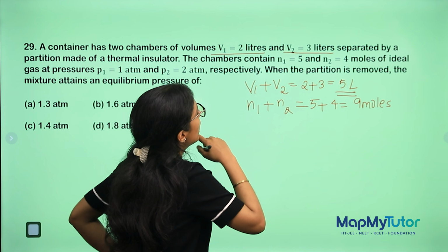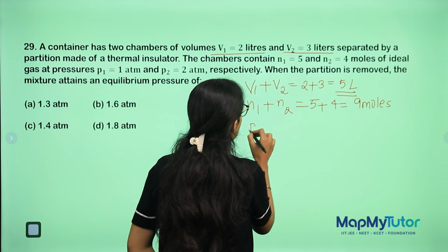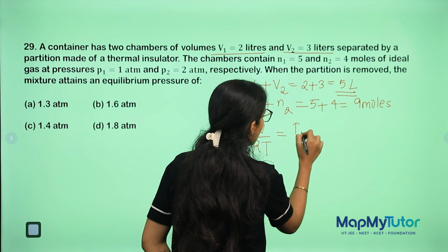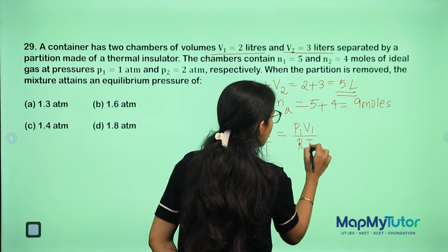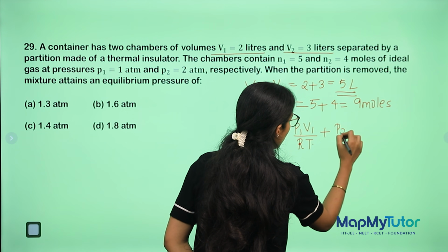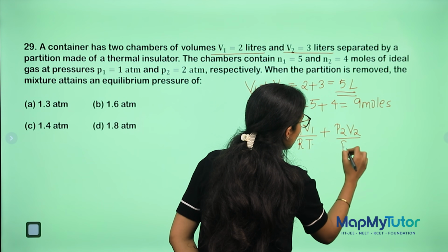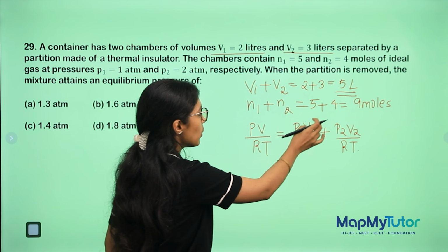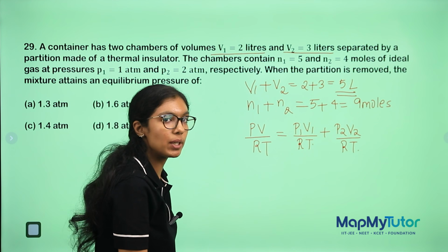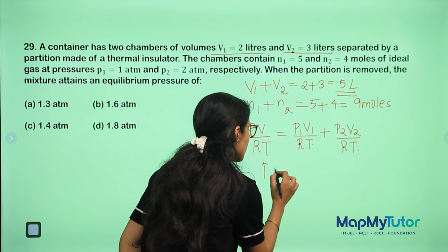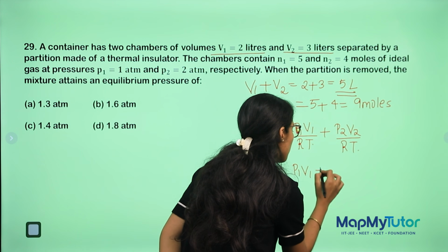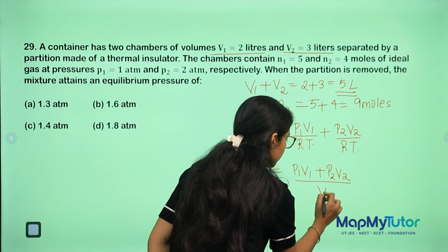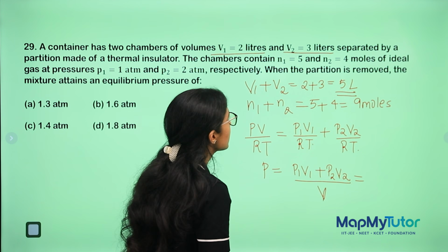Now let's come to our ideal gas equation, that is PV by RT will be equal to P1 V1 by RT plus P2 V2 by RT. As it is maintained at the same temperature, we will remove R and T. We will be left with PV equal to P1 V1 plus P2 V2. So P will be equal to (P1 V1 plus P2 V2) upon V. Now let us solve this.